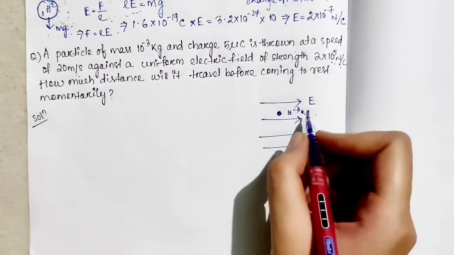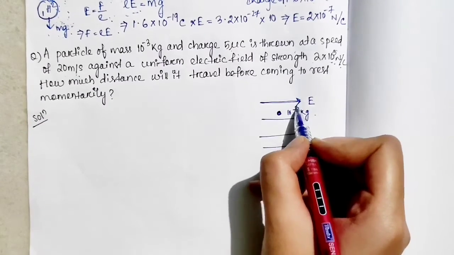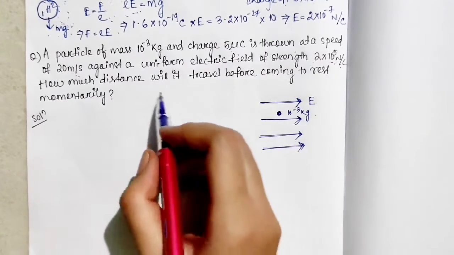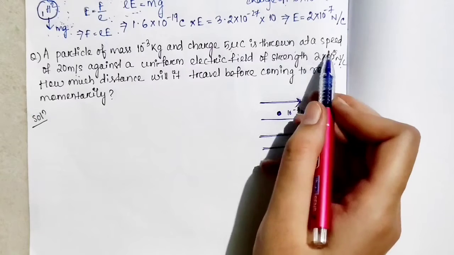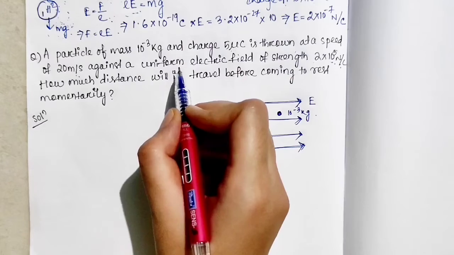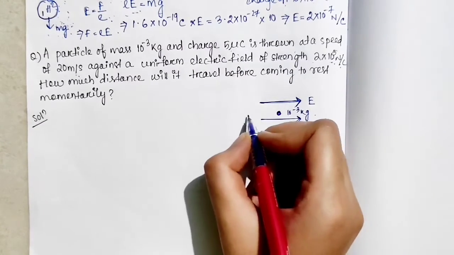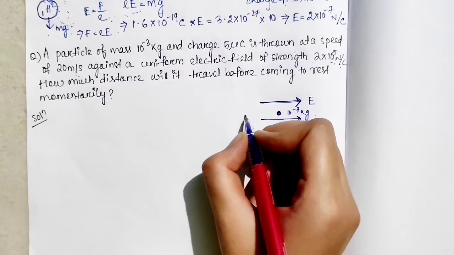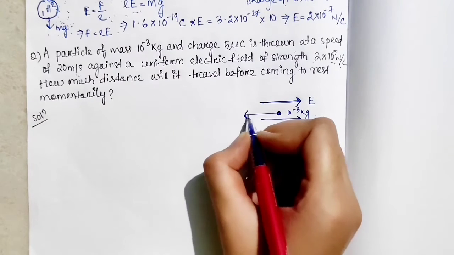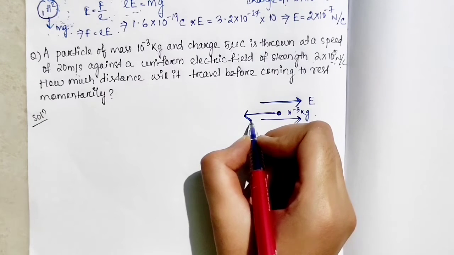The question says that the electric field is in this direction, but we throw that particle at a speed of 20 meter per second against the electric field. That means if the electric field is in this direction, we throw that particle opposite to the electric field, that is in this direction. Okay, so we throw it opposite to the electric field.